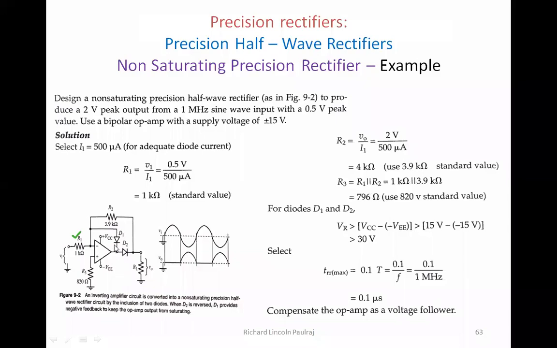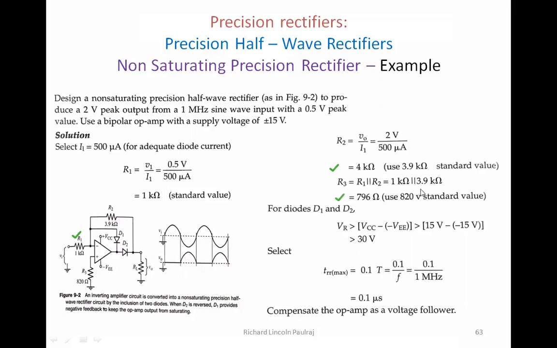And R3, you can see here R3, okay, R3 is equal to R1 in parallel combination with R2, R1, R2. So 1K, I have 1K and R2 is 3.9. So if I take both of them, right, R1, R2 divided by R1 plus R2, I should be getting about 796 kilowatts.